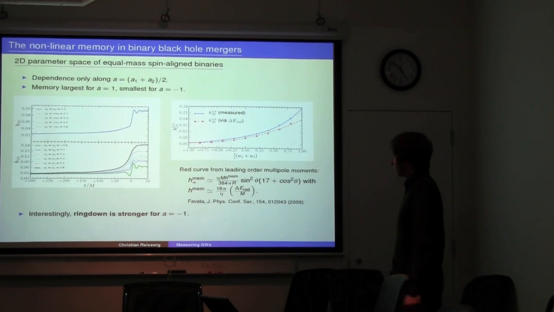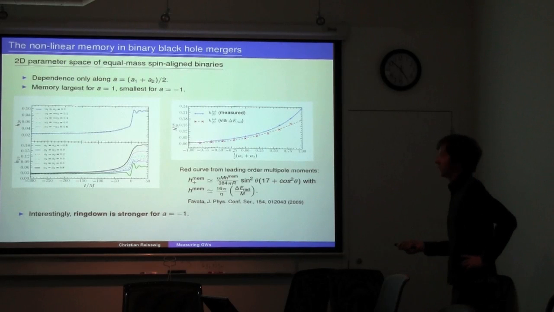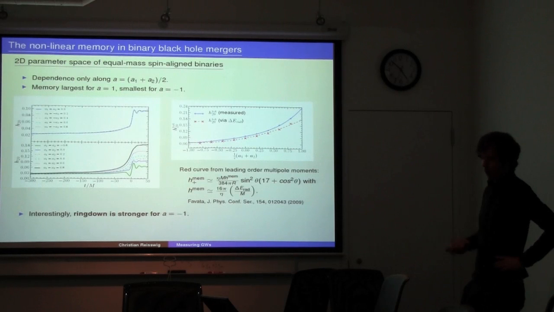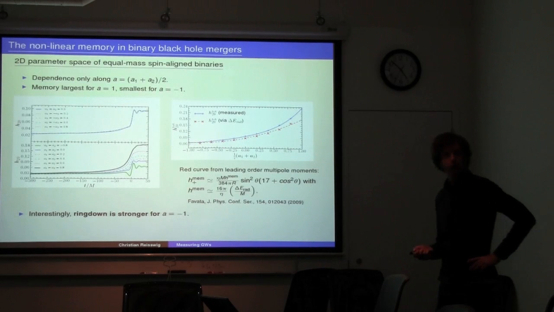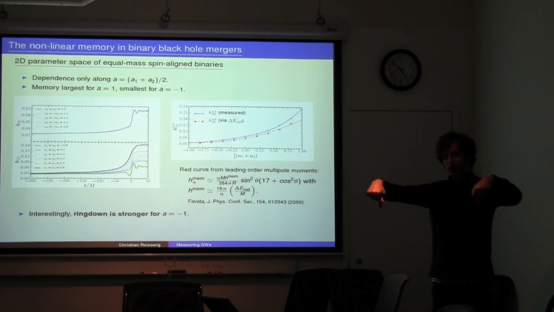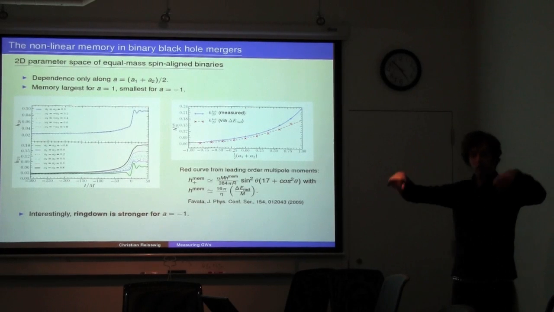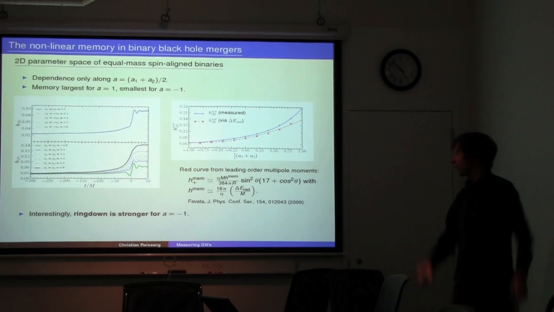And what we find first of all is that the memory, so this offset, only depends on the total angular momentum of the space-time, so it's parameterized by the initial configurations which go along the diagonal from -1, both spins pointing down, to +1, both spins pointing up.